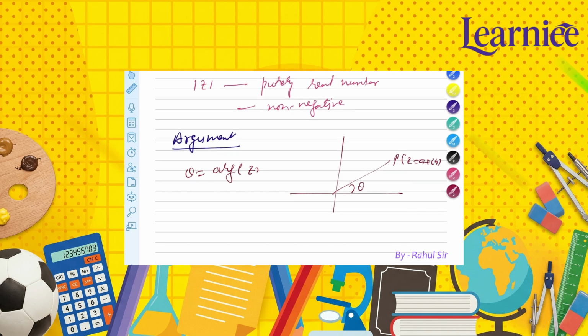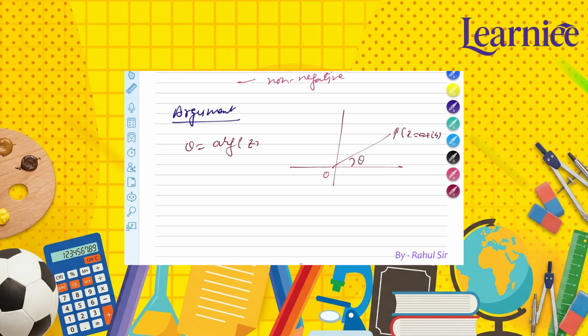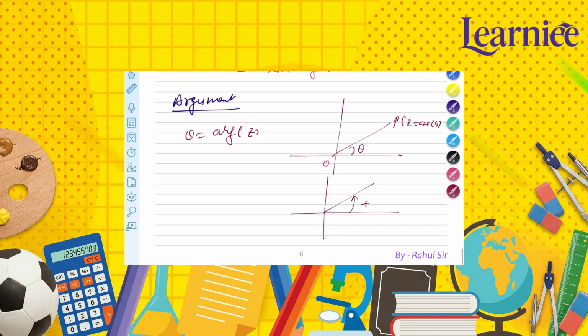So what is this theta? Theta is the angle the vector OP makes with the positive direction of the x-axis in the anti-clockwise direction. That is important. See, as we do in trigonometry, if we are measuring any angle in the anti-clockwise sense, this is a positive angle, whereas if we measure the angle in a clockwise sense, it is a negative angle.